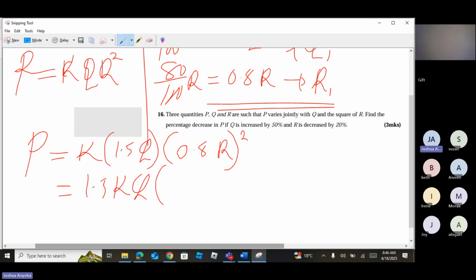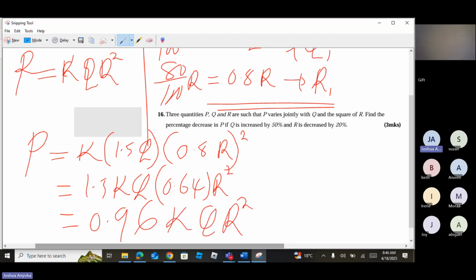This one becomes 0.64, then R squared. 1.5 times 0.64 is 0.96 KQ R squared.